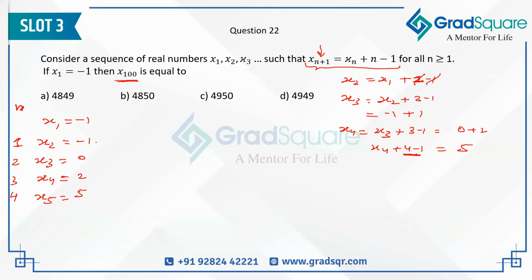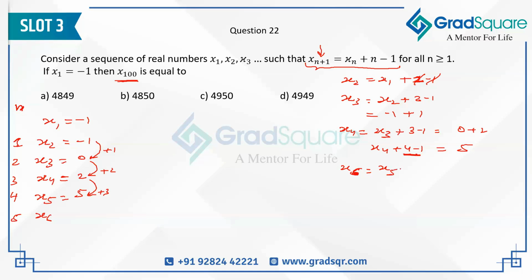Correct? Now understand this thing. If I leave x1 for a moment, there's an increase of 1 over here. Correct? There's an increase of 2 over here. There's an increase of 3 over here. Let me just check if this pattern is proving right or not by finding out one last value, which is x6. So n was 5.